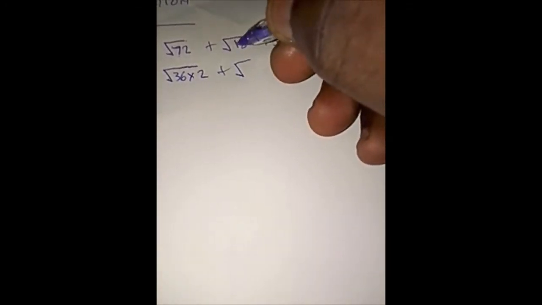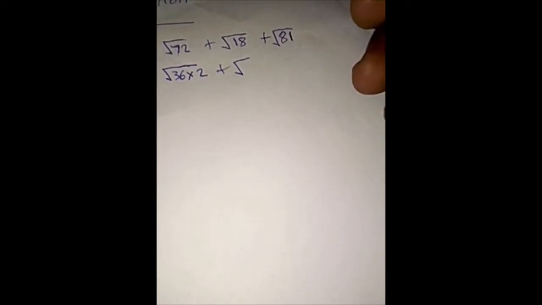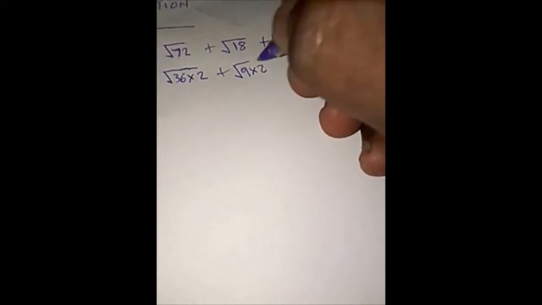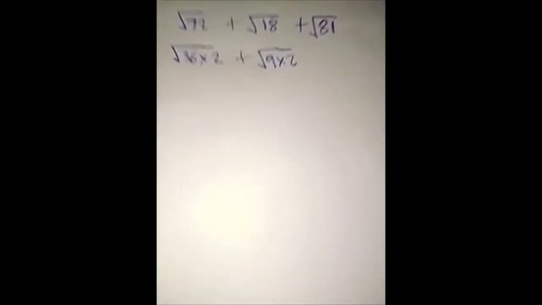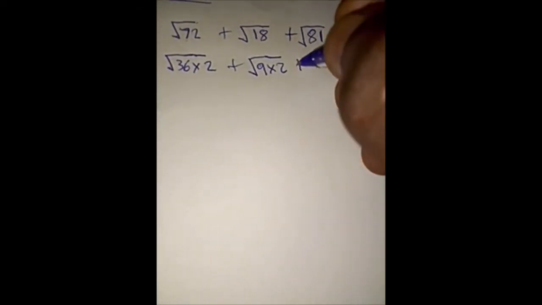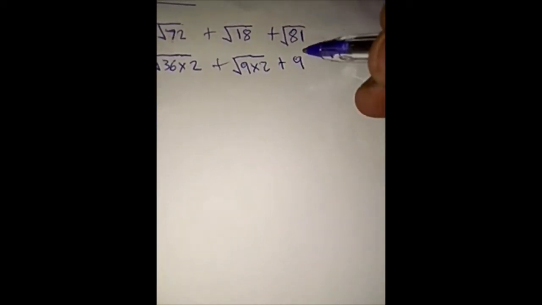36 times 2 will give me 72. Plus the 18, what will I get? For the 18, I'm going to get 9 times 2, that is going to give me 18. And for the 81, it is just going to be 9, because the root of 81 is 9.